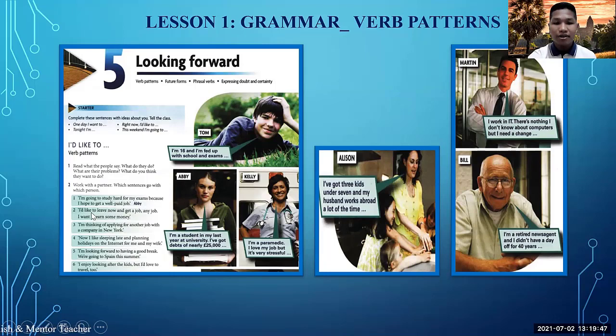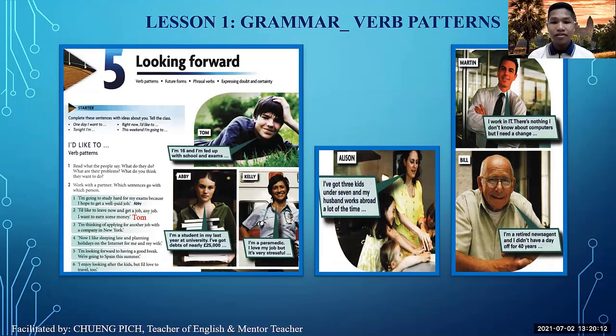The second statement: I'd like to leave now and get a job, any job. I want to earn some money. Can you guess, according to the brief information given earlier, which person says this one? I'll give you the answer, it's Tom. Tom is the owner of this statement.